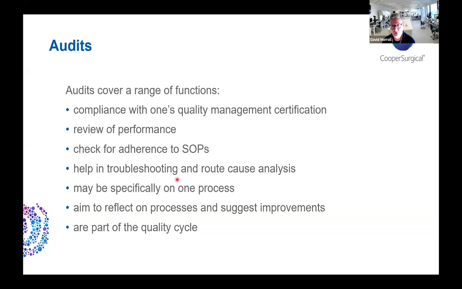We tend to focus on troubleshooting and poor performance, but we can do this routinely to drive improvements. We can look at one process or a number of processes, and essentially audits are just a way of reviewing the data as part of our quality improvements and quality cycle.